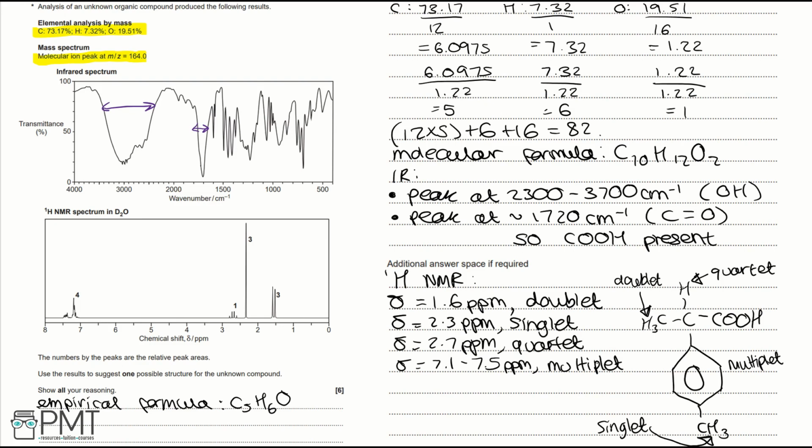The reason why we don't have a peak for the hydrogen in the carboxylic acid group is because we have a proton NMR spectrum with D2O. That means this OH group turns into an OD group, and so the peak would disappear on our proton NMR spectrum. To get the 6 marks for this question, you must have the correct structure drawn and you must have analysed most of the data in the question.